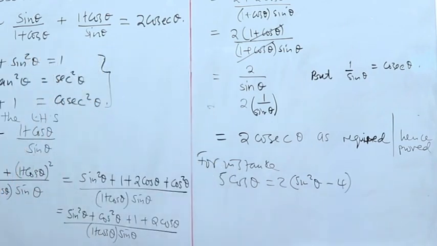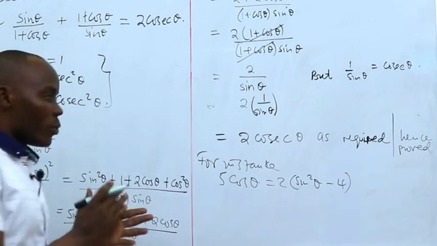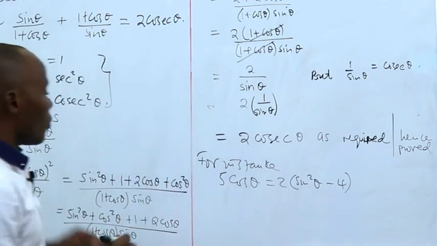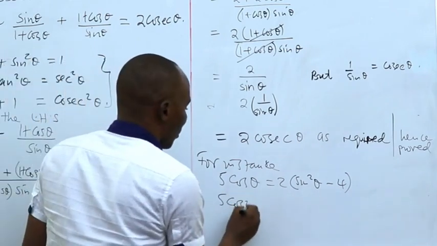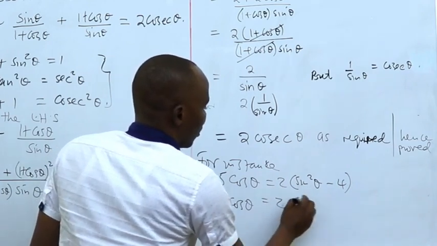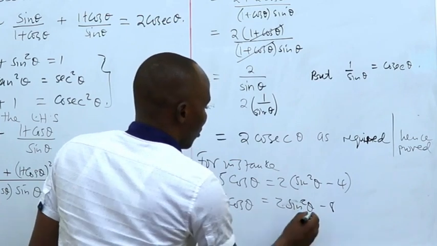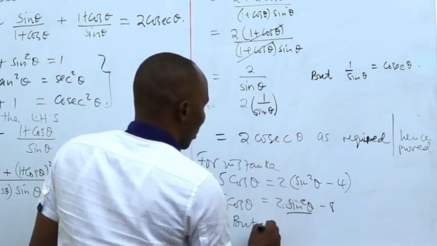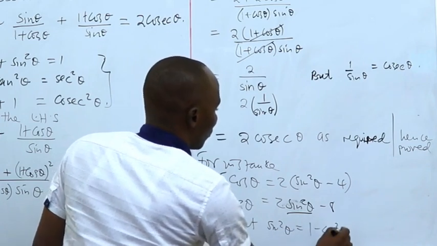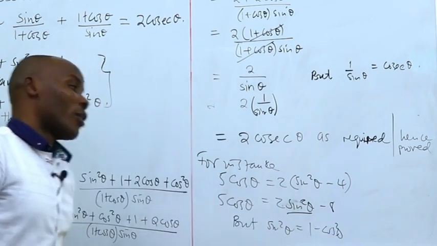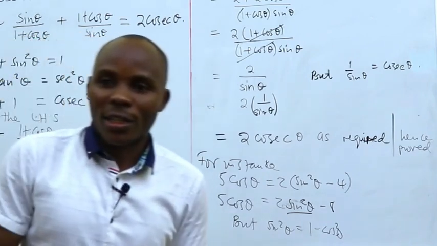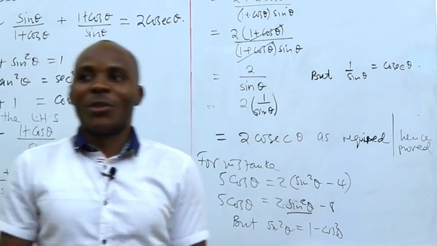For you to solve that, you have no way out unless you apply one of those identities. But sine squared theta is equal to 1 minus cos squared theta. So if you substitute, you'll get what you want.